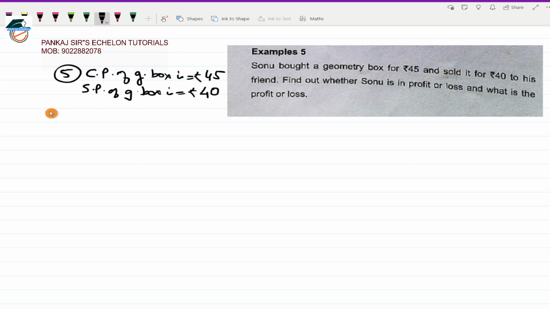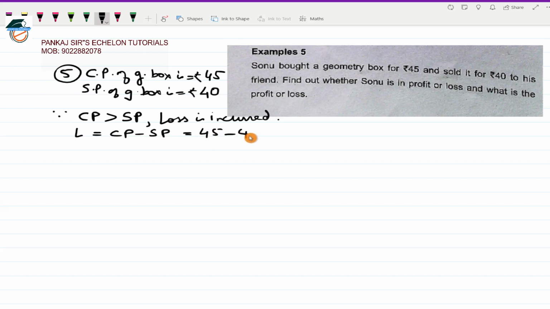Now here you can see that your cost price is greater than selling price. Cost price is 45 and selling price is 40. So because cost price is greater than selling price, you can say that loss is incurred. Now what will be the loss incurred? Loss will be equal to cost price minus selling price, which is 45 minus 40, which is equal to rupees 5.